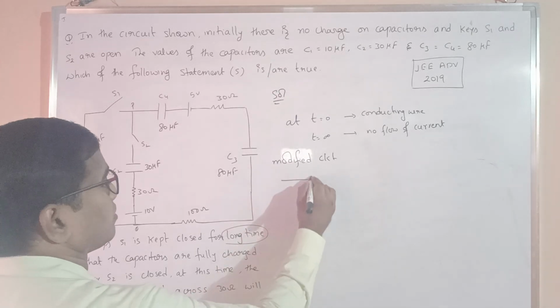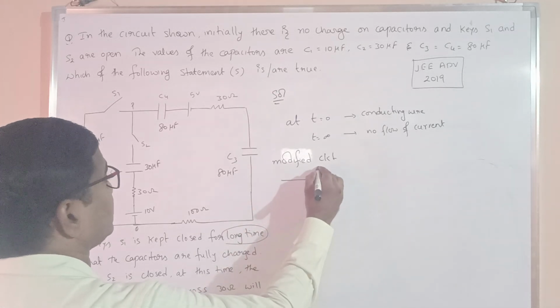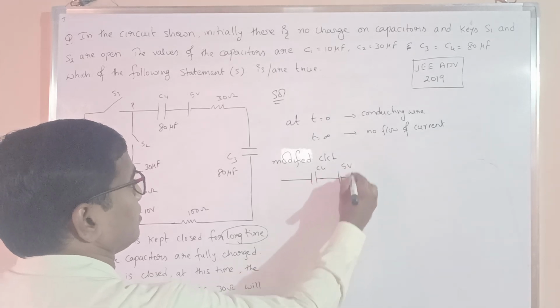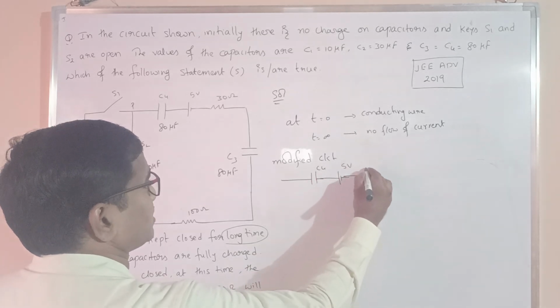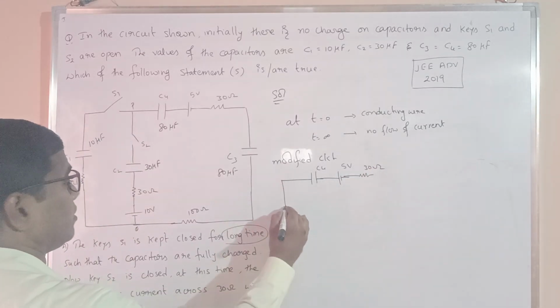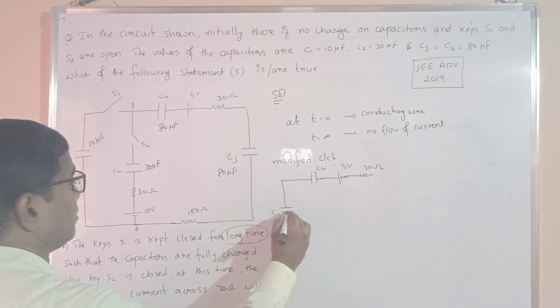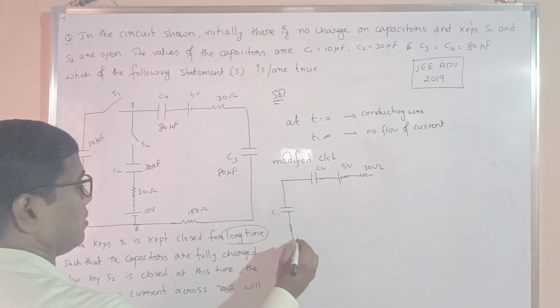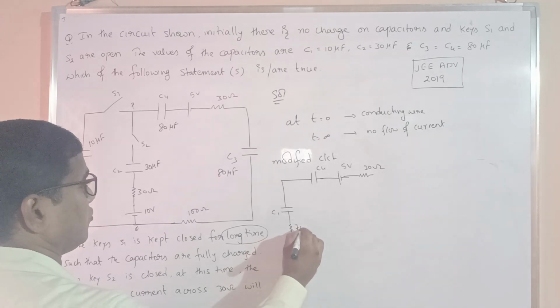So here C4 will be this one, with the 5 volt battery and the 30 ohm resistance, and here will be C1, and here one more resistor is there, and this is 70 ohm.